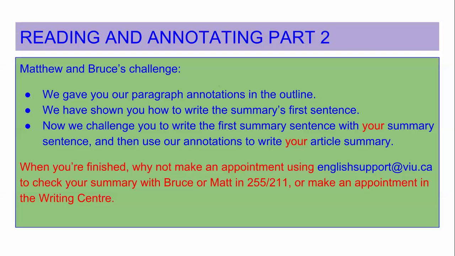Now then, we have a challenge, because we're not going to write that summary sentence or the summary for you. We've given you our paragraph annotations in the outline, and we've shown you how to write the summary's first sentence. Now we're challenging you. We want you to try and write the first summary sentence, and then use our annotations to write your article summary.